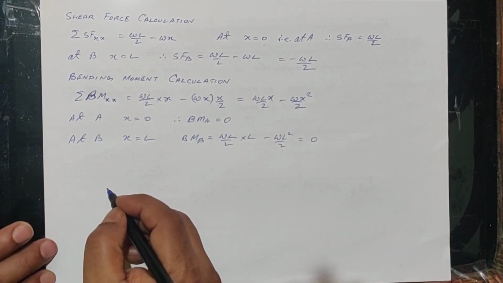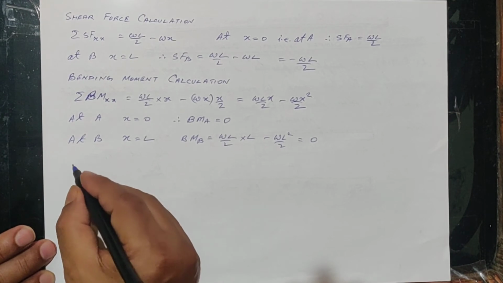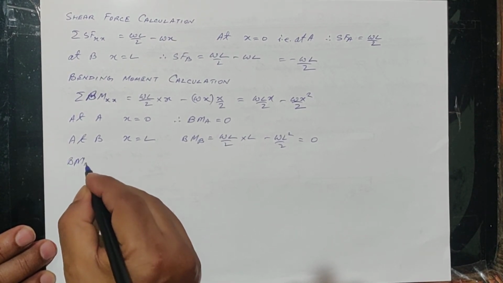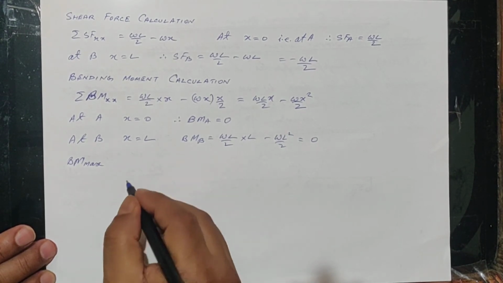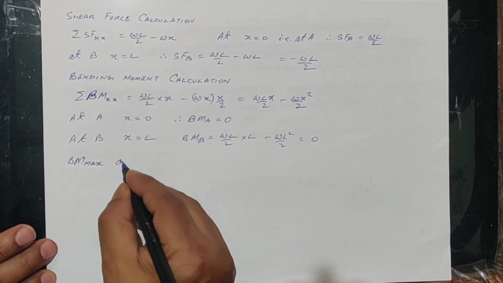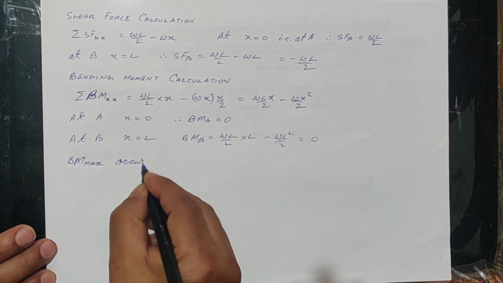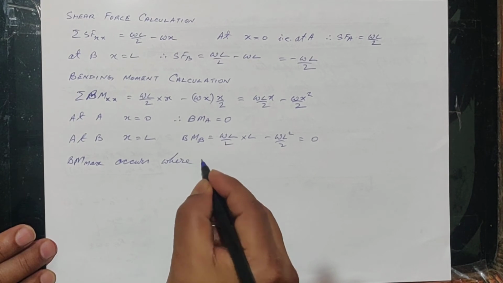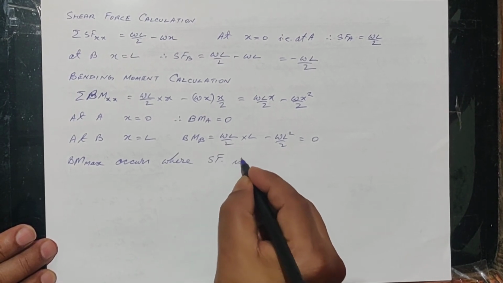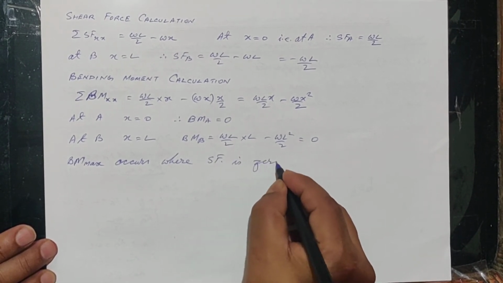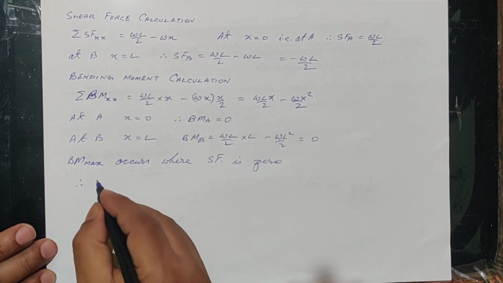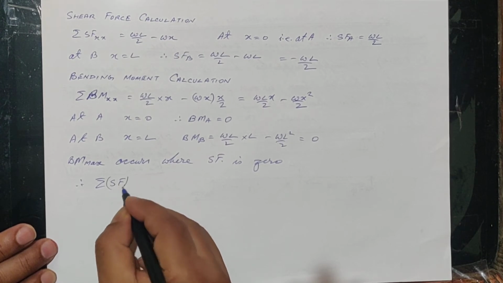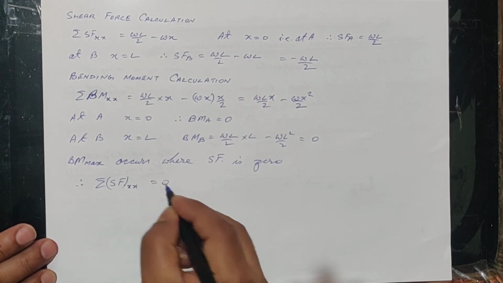Now we have to find out where BM is maximum. BM max occurs where SF is 0. Therefore, summation of SF at XX section is equal to 0.